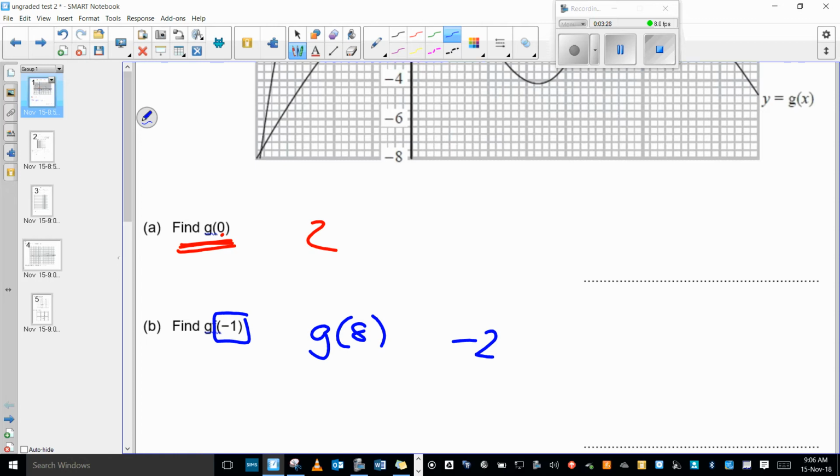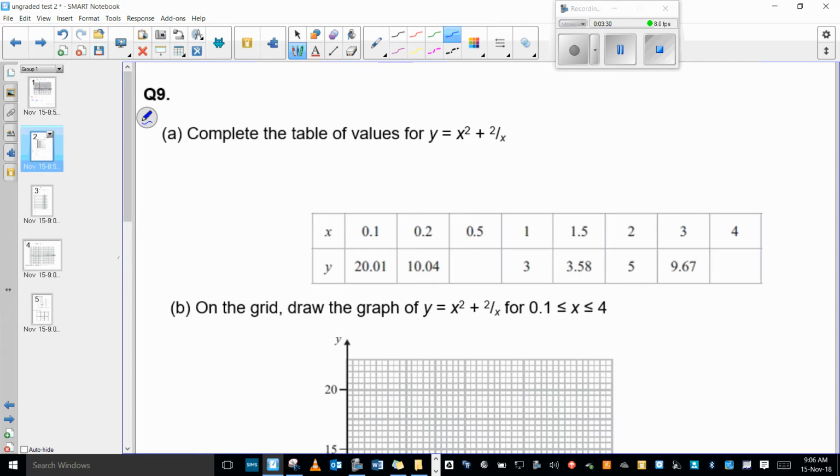We've done a few of these. Okay, what are our missing values? I think everyone gets these right. 4.25 and 3.5. 2.5. 16.5. 5, 0.